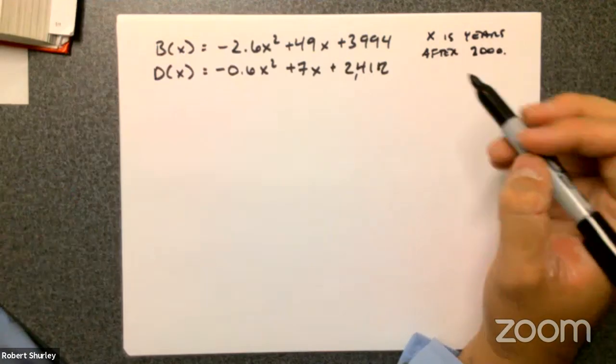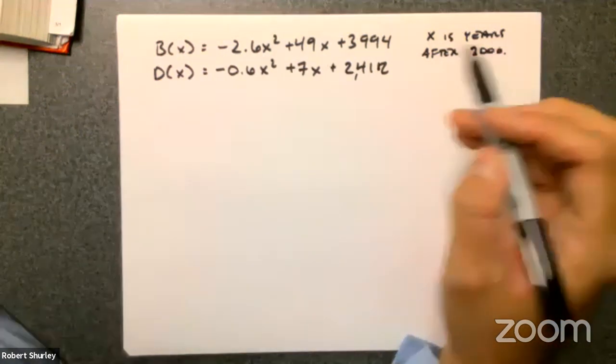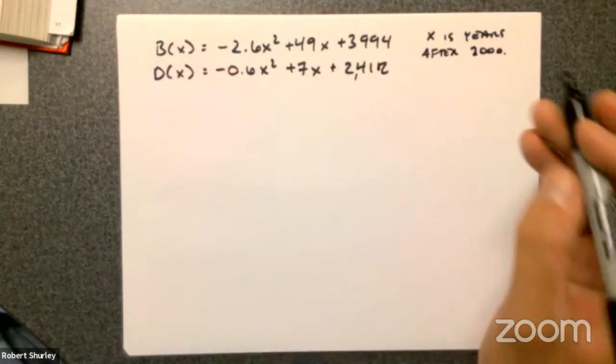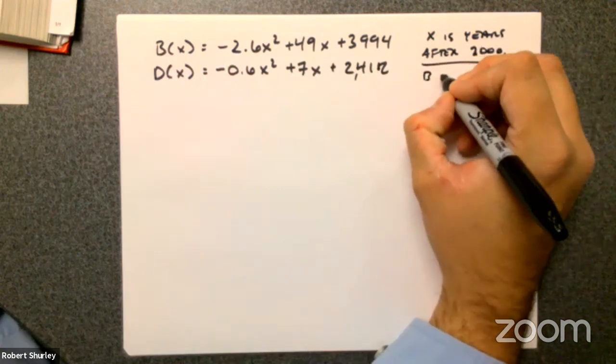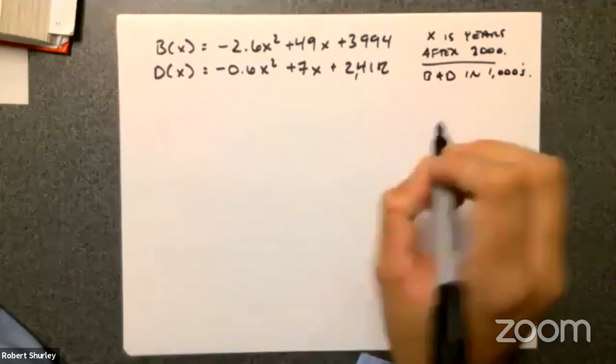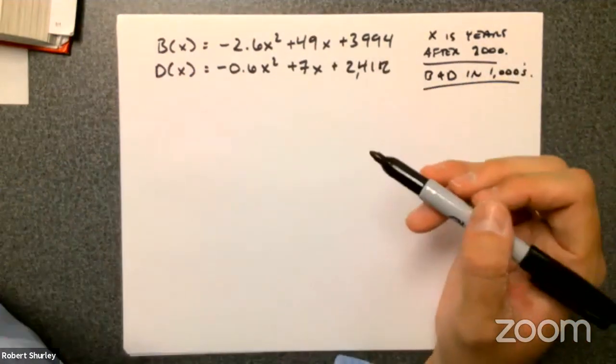B and D are the number of births and number of deaths in thousands. That'll help whenever we explain what's going on.